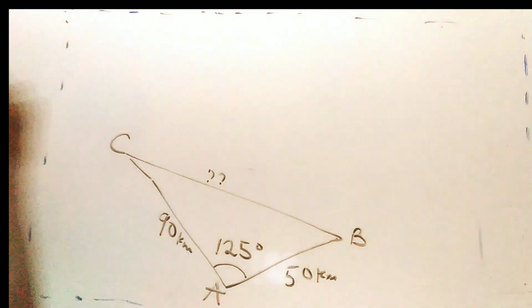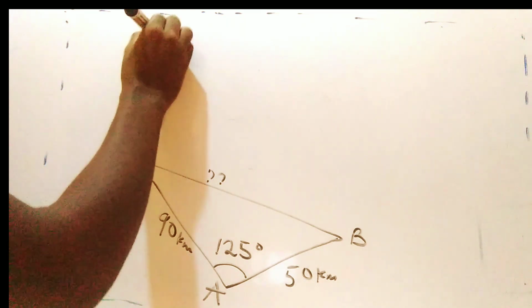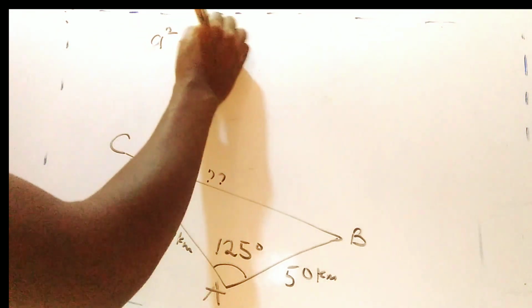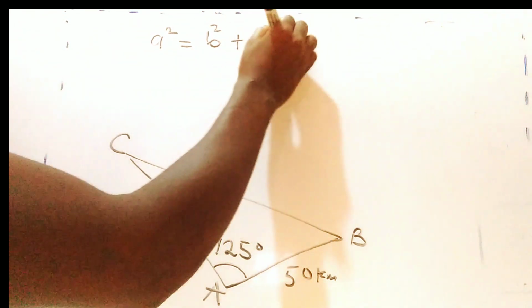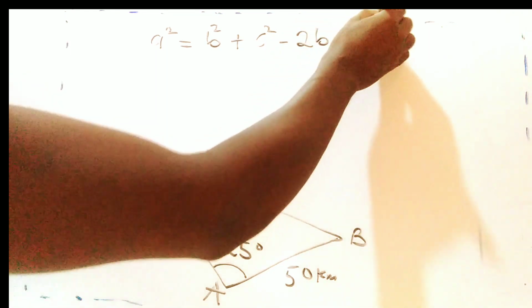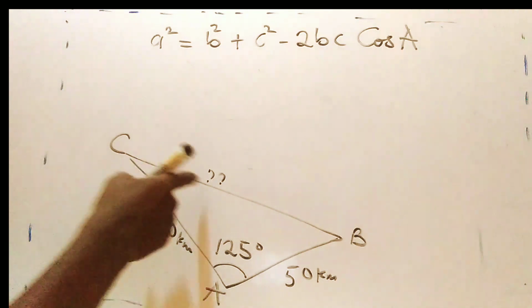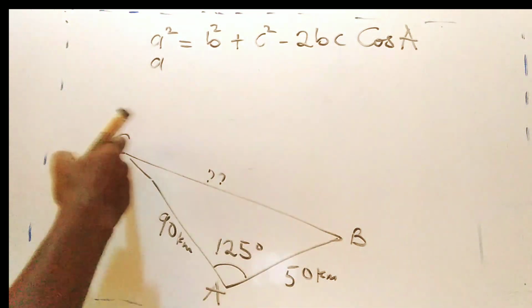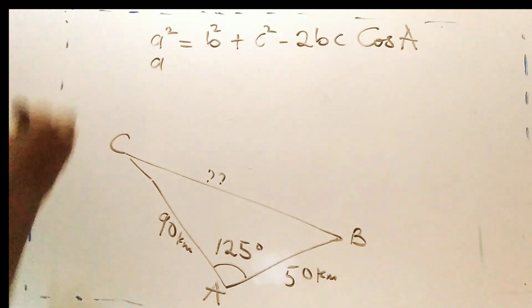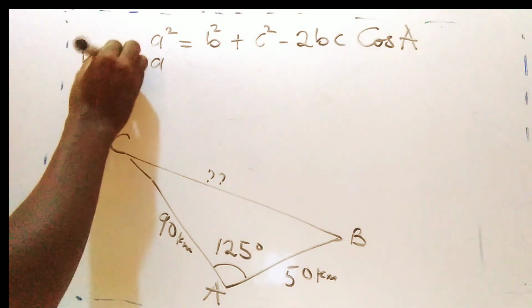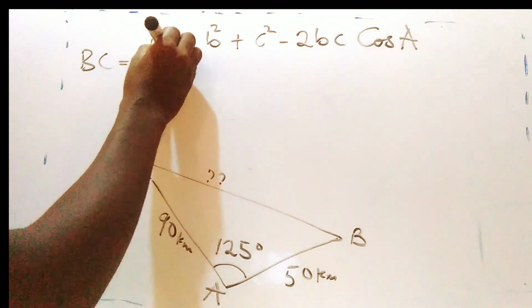Okay, so our cosine rule says that a square is equal to b square plus c square minus 2bc cos A. And remember, our A is this side BC which we are looking for.